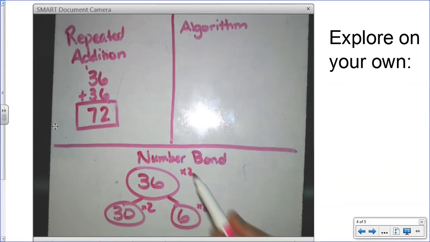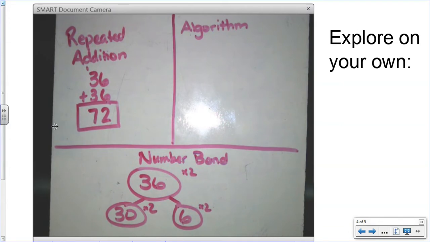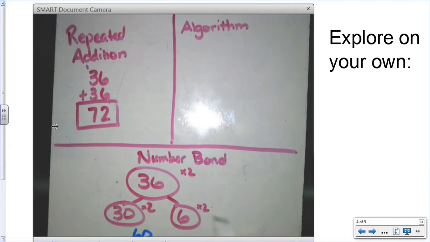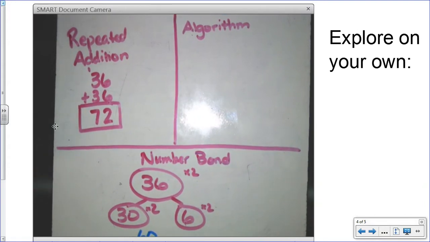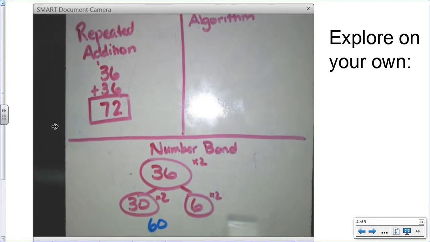So if 36 is being multiplied by 2, then 30 times 2, well, that's going to give me 60. And then 6 times 2 is going to give me 12. And we know that if I add these two pieces together, 60 plus 12, I get 72.